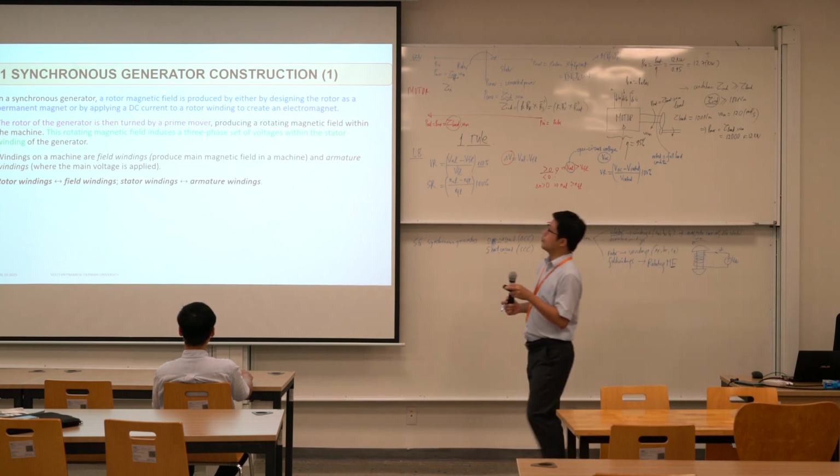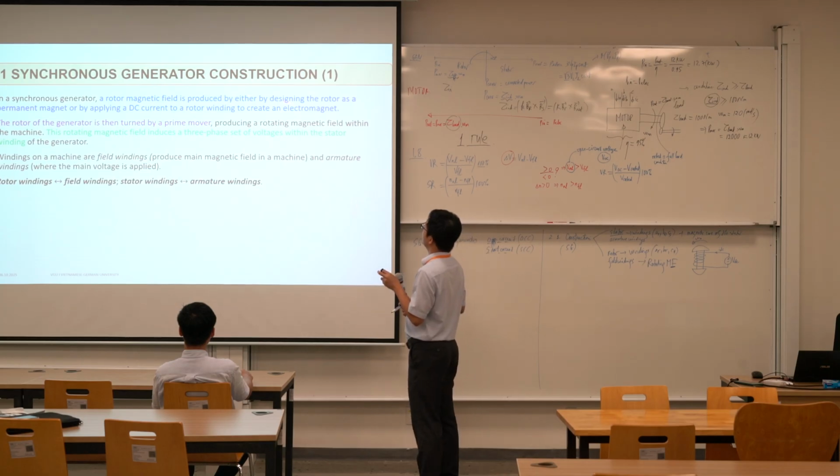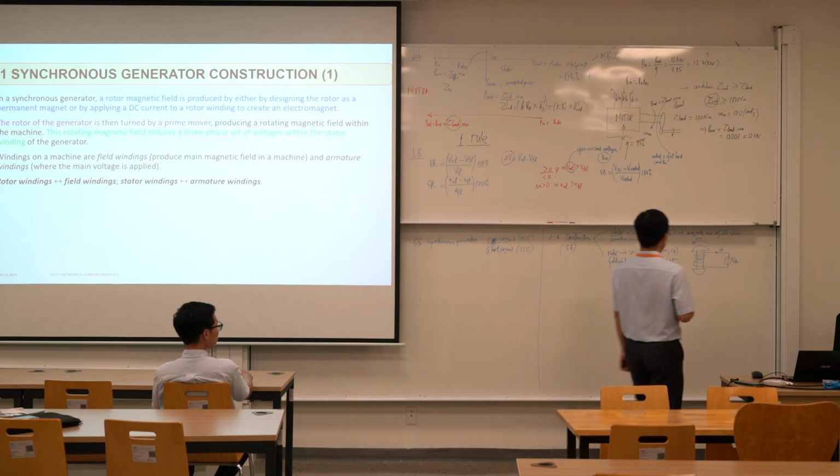A rotor's magnetic field is produced either by designing the rotor as a permanent magnet, of course we skip permanent magnet, or we consider rotor winding. We apply the DC current to the rotor winding, and we can generate a magnetic field.